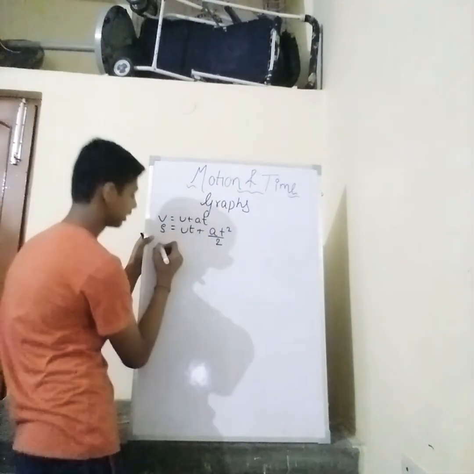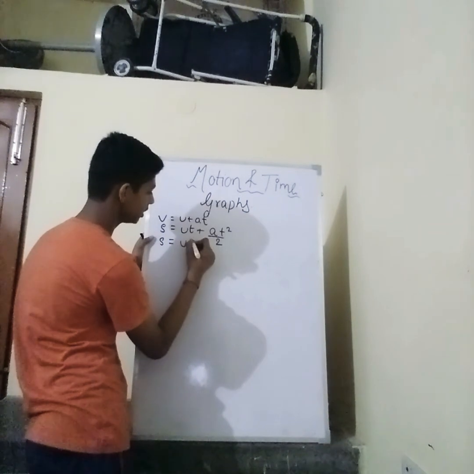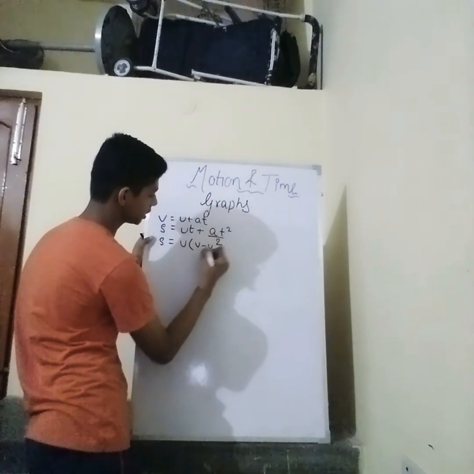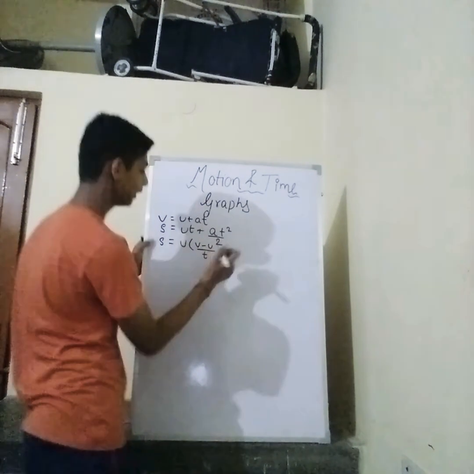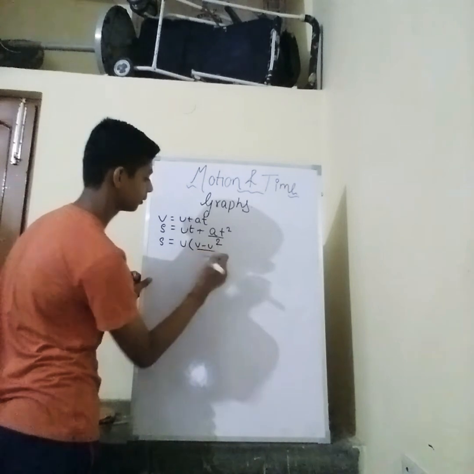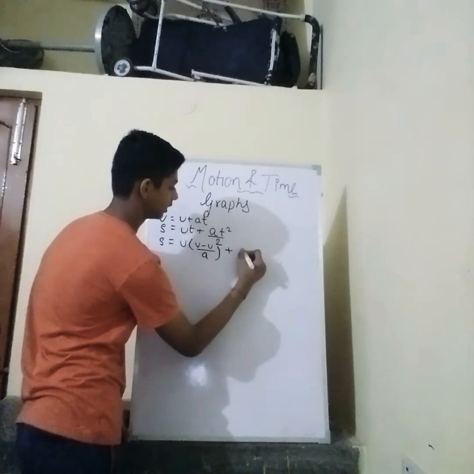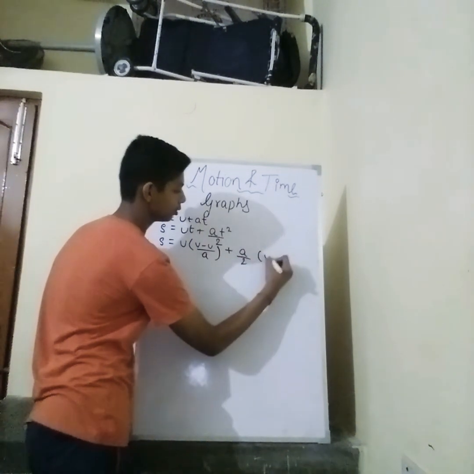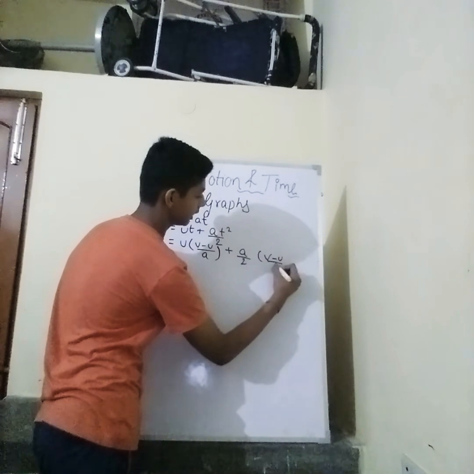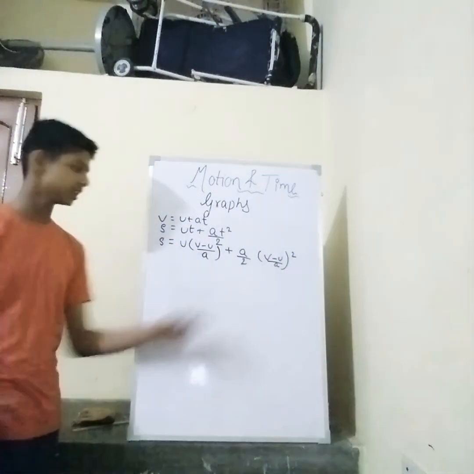Then we put the value of t in terms of v minus u by a in this equation. That will be s is equal to u into v minus u by t, okay, by a, not by t, or acceleration, plus a by 2 into v minus u by a square. We can write this as it is.